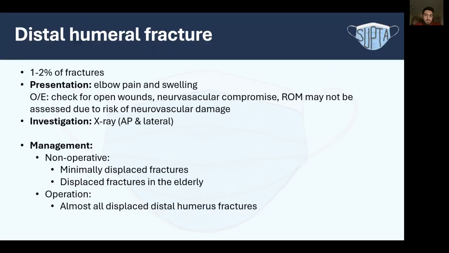You may see this commonly in patients with a fracture of the distal humerus; it isn't quite how it should be, basically not normal anatomy. And then you have operation for almost all displaced distal humeral fractures.